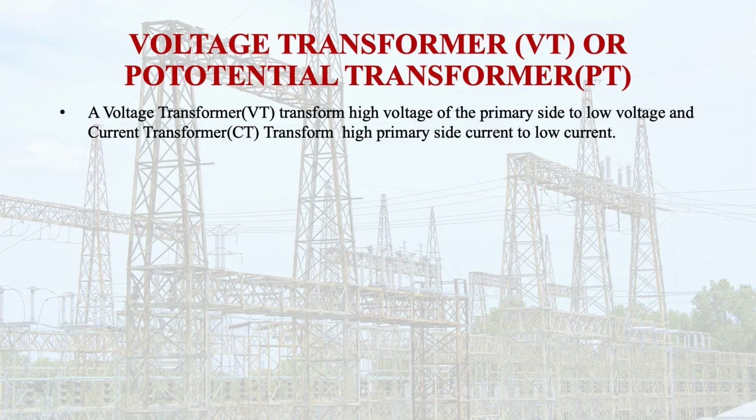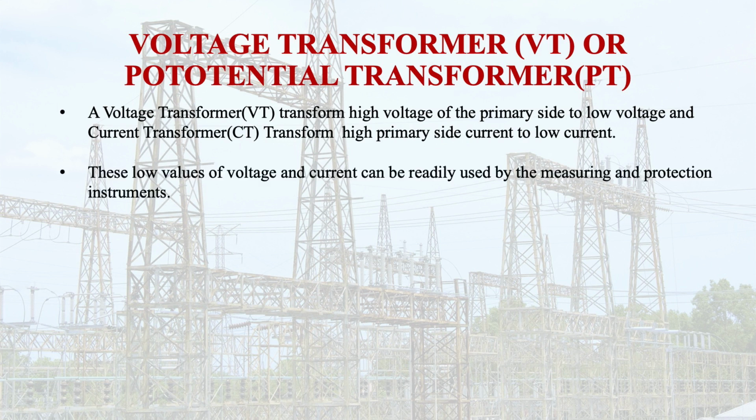So voltage transformer and potential transformer, what are these? A voltage transformer transforms the high voltage of the primary side to low voltage, and the current transformer transforms the high primary side current to low current. These low values of voltage and current can be readily used by the measuring and protection equipment.